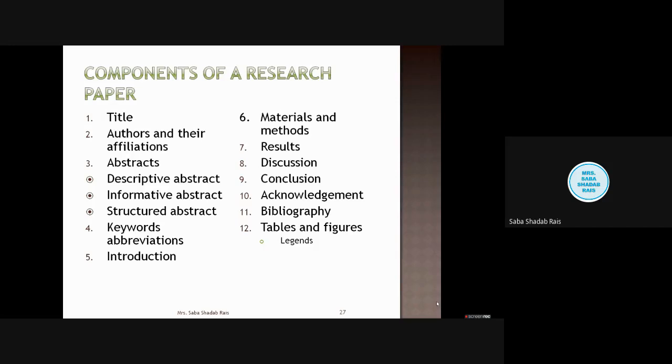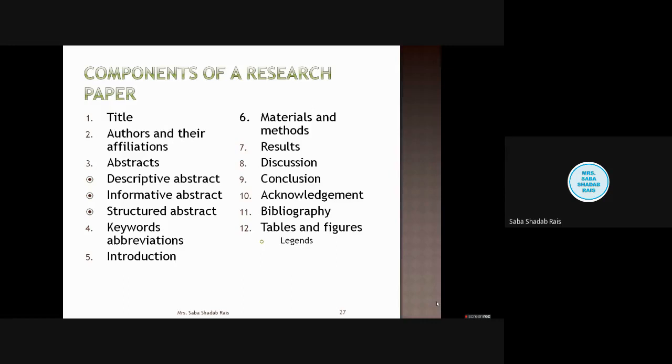Next lecture we will be talking about writing a review paper. The paper we discussed so far is written by doing practical work, using your own methods and own research. But sometimes we just review and compile many papers together.